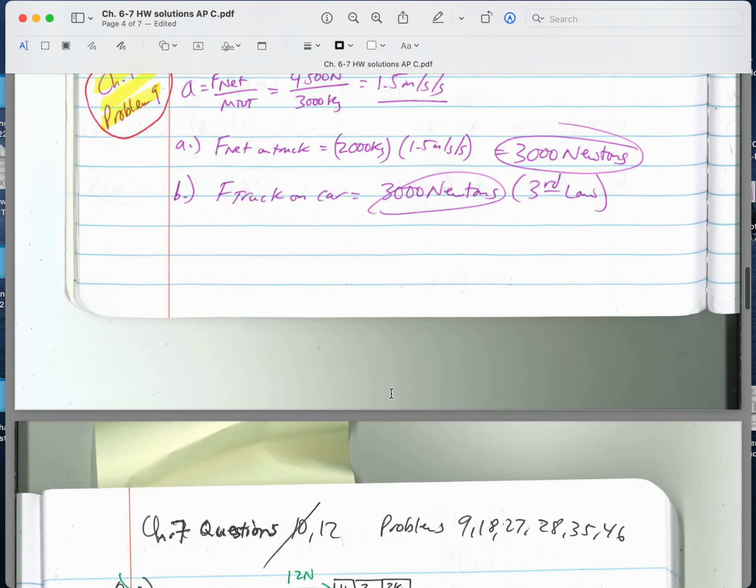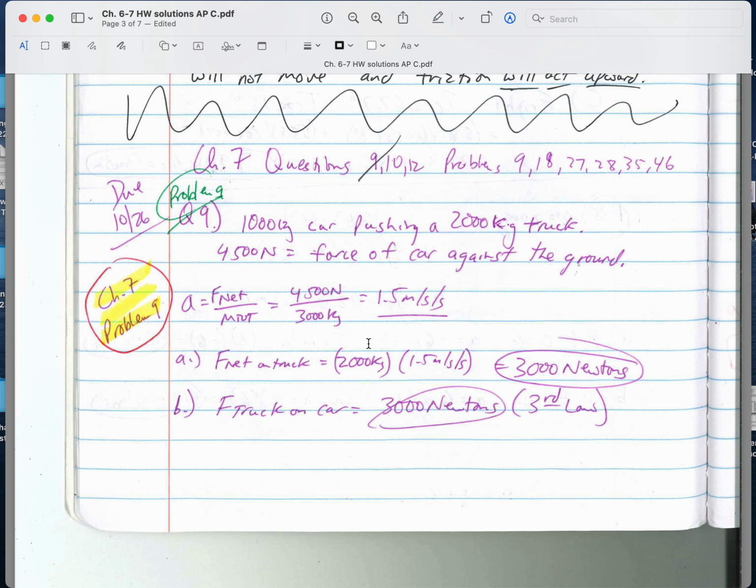Problem 9, done accidentally 2 pages ago, is up here. So we have a 1,000 kilogram car pushing a 2,000 kilogram truck, and then 4,500 newtons of the force of the car against the ground. Or the ground, so that means that there's a 4,500 newton force of the ground against the car. So that's the net force pushing the car-truck system. So I can figure out the acceleration of the car-truck system is 1.5 meters per second squared.